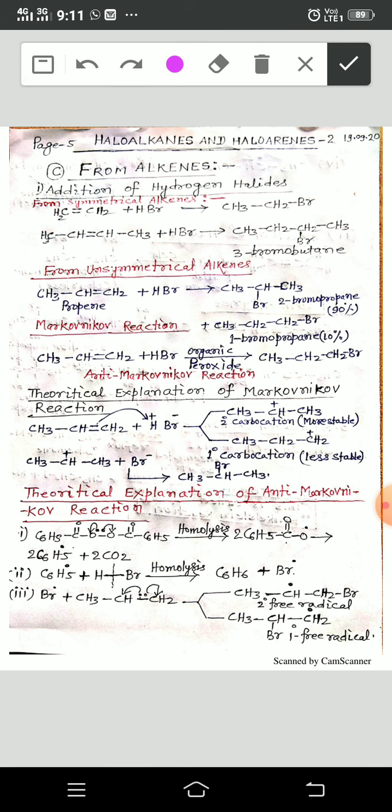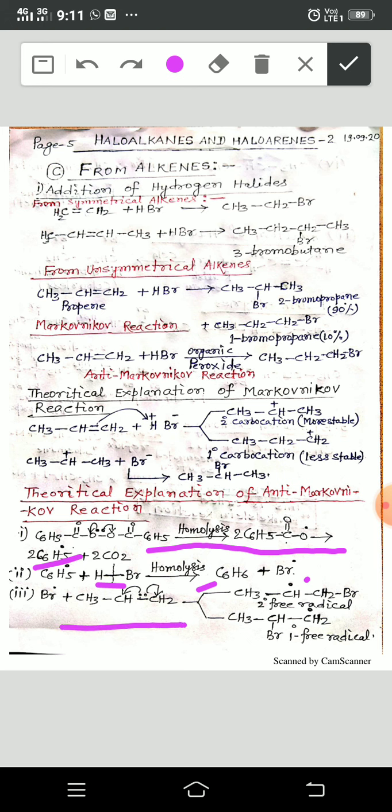See here, in the case of benzoyl peroxide, it forms this type of radical which comes in the form of 2 phenyl radicals. The phenyl free radical reacts with HBr through homolytic fission of HBr, and you will get one product which is benzene, the other is Br free radical.